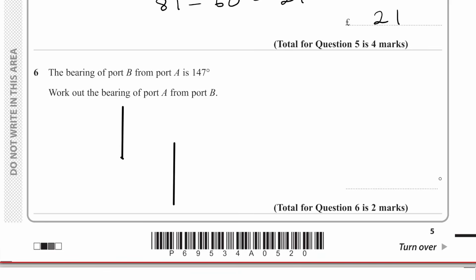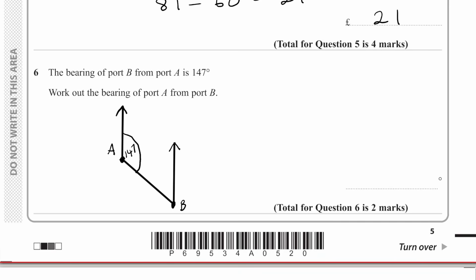These are north lines. And I'll join up A and B as well. So the bearing of B from A, that's this angle, going to B from A, is 147 degrees.